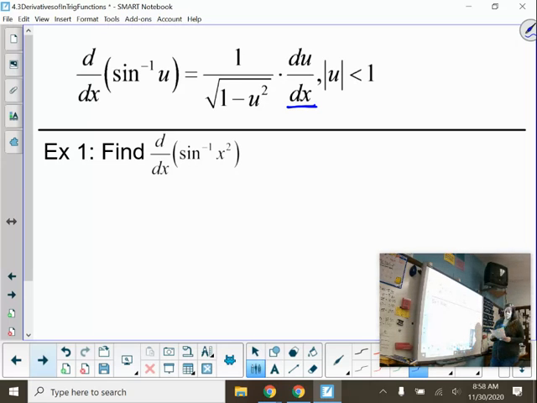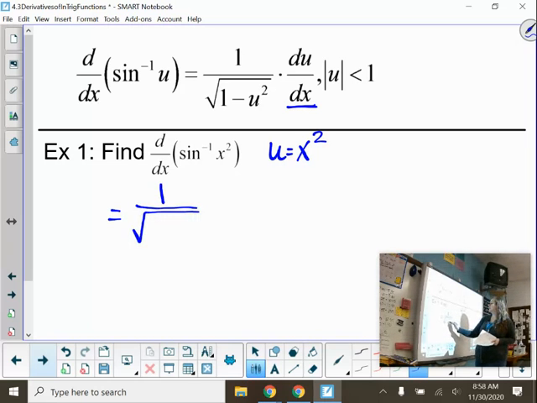So now we have example 1, where we're going to find the derivative of the inverse sine of x squared. So in this case, my u is x squared. So the derivative is equal to 1 over the square root of 1 minus x squared squared, and that will become x to the 4th.